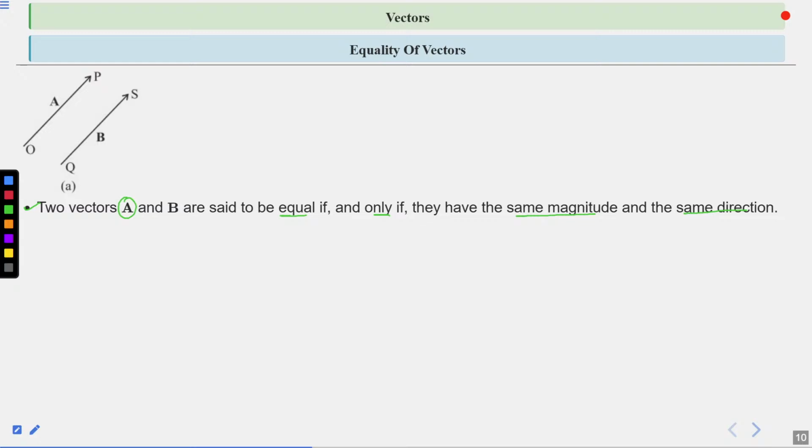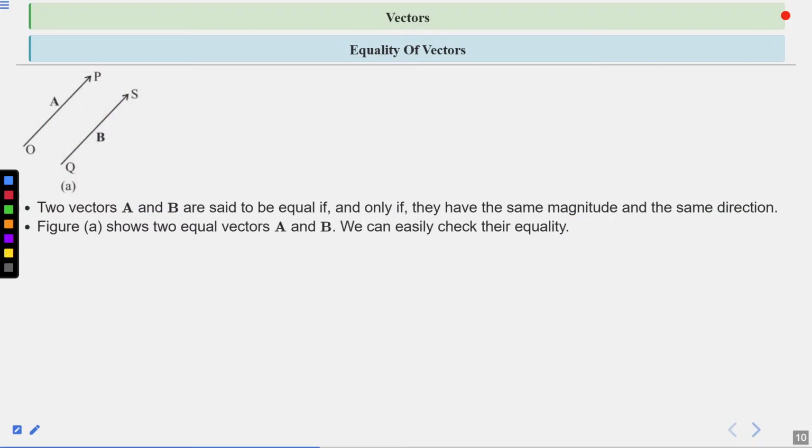So look at here, figure A. OP vector and QS vector, the length of the arrow is same, and the direction is same, because both are parallel to each other. It means they are equal vectors.